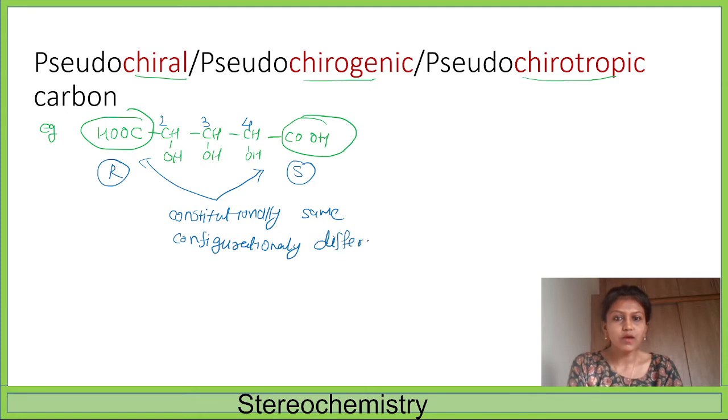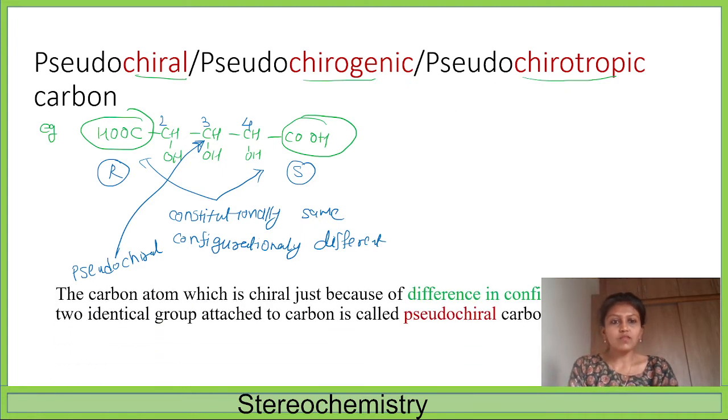Then the center carbon, carbon number 3, is known as the pseudochiral carbon, or pseudochirogenic or pseudochirotropic carbon.